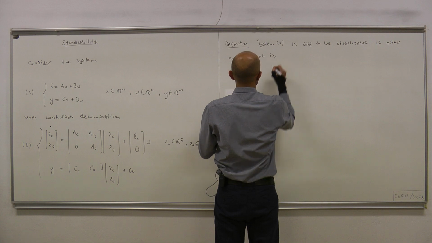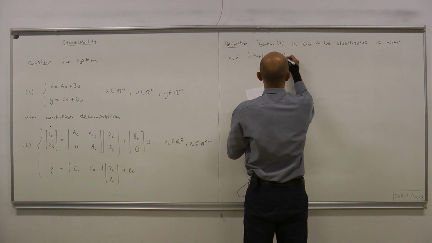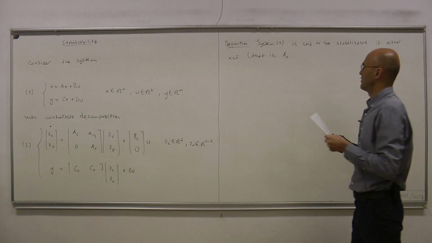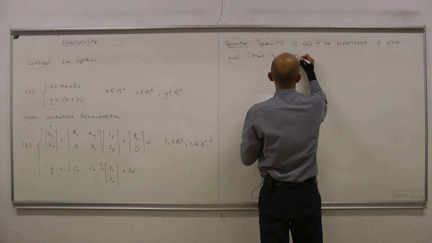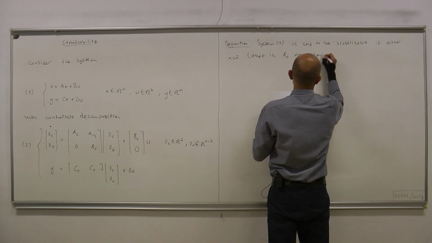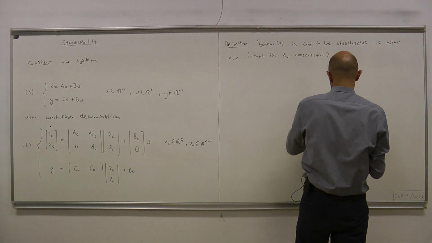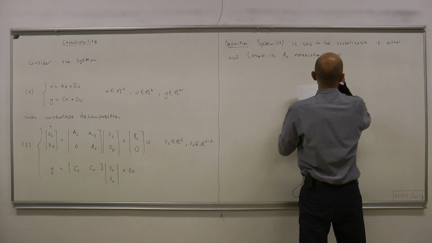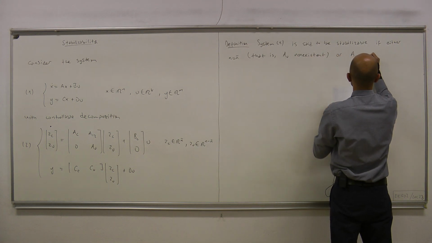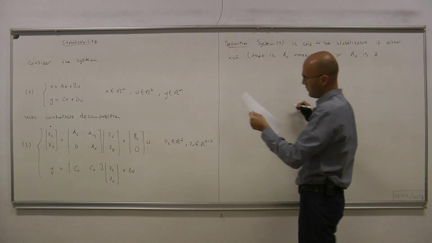In that case, the matrix A_U will be non-existent. We won't have such a block. Or, when A_U, if it exists, is a stability matrix.